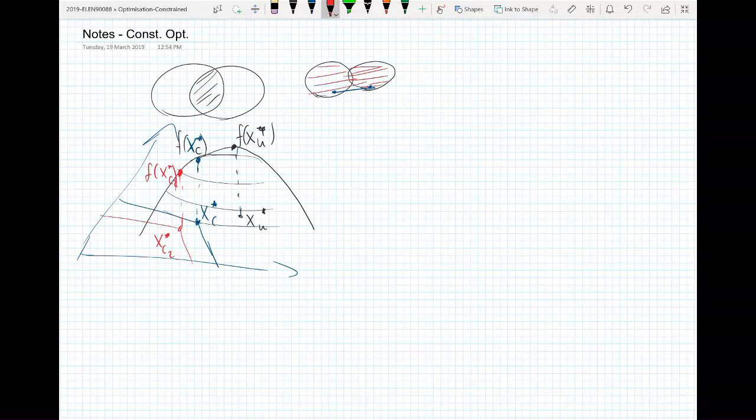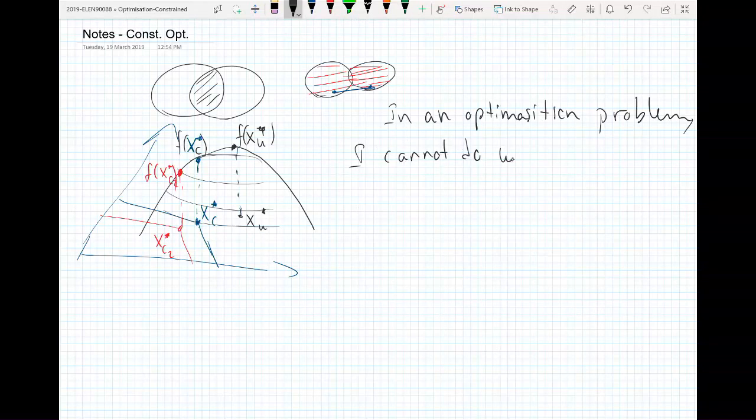So, in an optimization problem, I cannot do worse by increasing the constraint set.